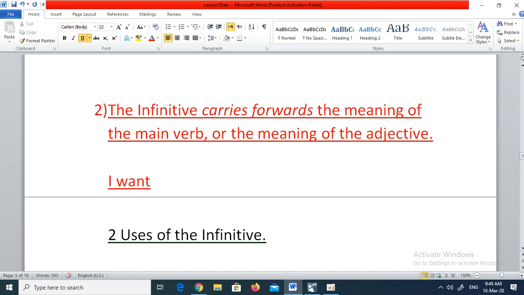But if I just say, I want, that doesn't tell the person what I want. So I can say, I want to eat chocolates. The main verb is want, our gerund is to eat, and our object is chocolates. Once I have the gerund to eat, that tells me what it is that I want. So it carries forwards the meaning of the main verb want.